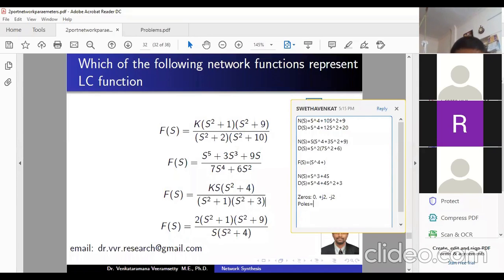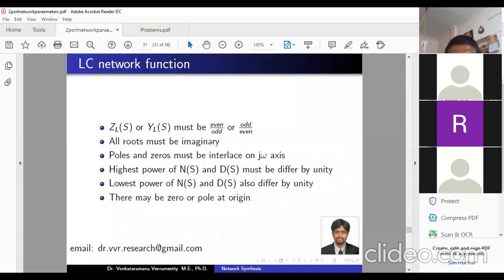And what are the poles? Anyone tell what are the poles? Plus j and minus j, that means j1. And here plus j root 3 and minus j root 3. Okay. So if you observe here, the fifth condition is also satisfied. What is the fifth condition? The fifth condition is that there may be a zero or pole at the origin.